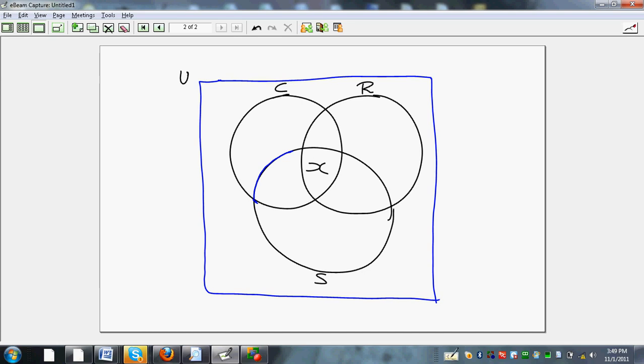And the number of people in the universal set was given to us as 45 students.